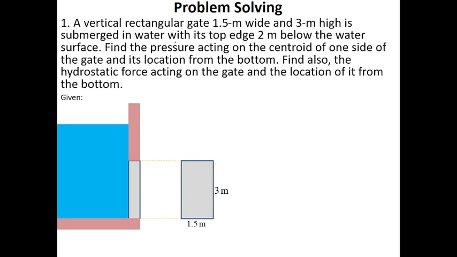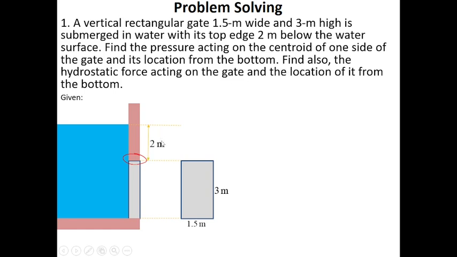So it is submerged in water with its top edge 2 meters below the water surface. So ito yung kanyang top edge, dito niya, with its top edge 2 meters below the water surface.